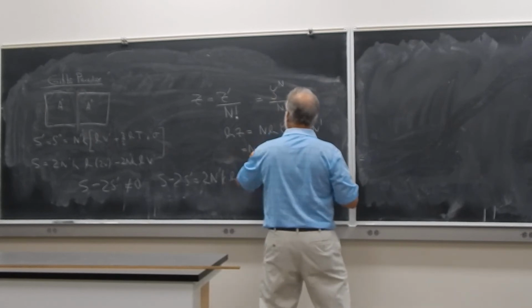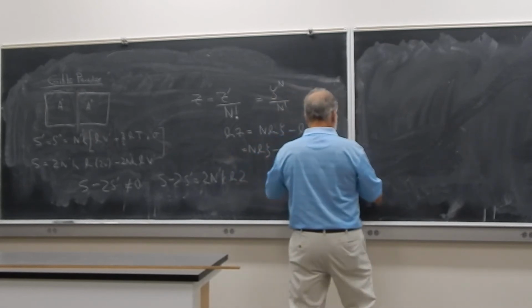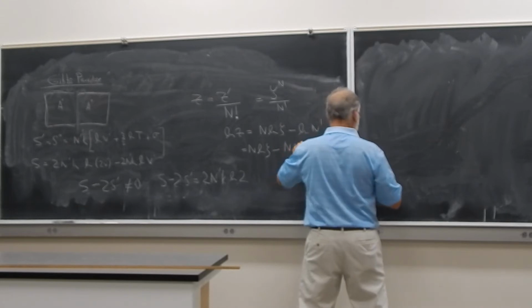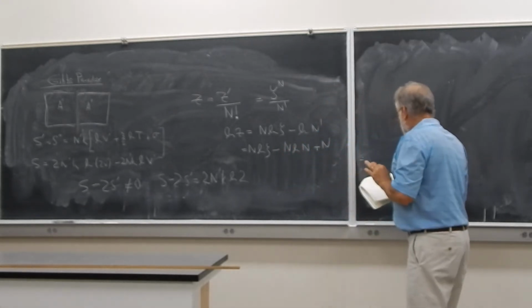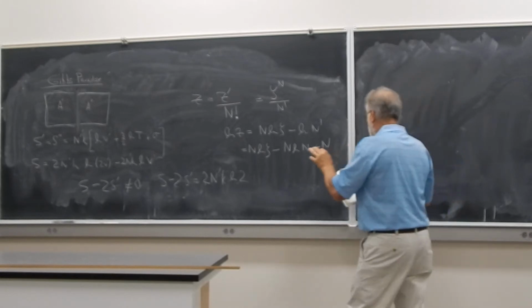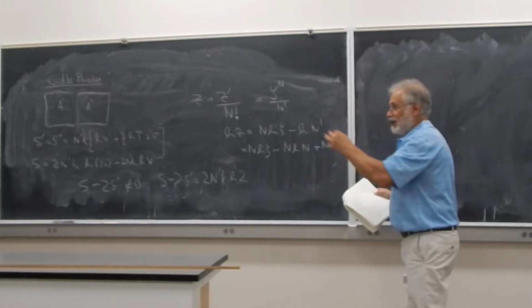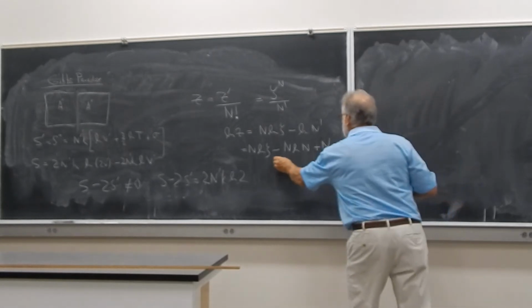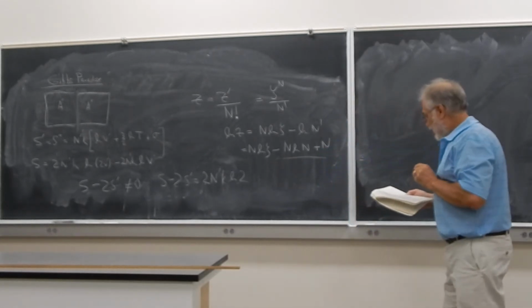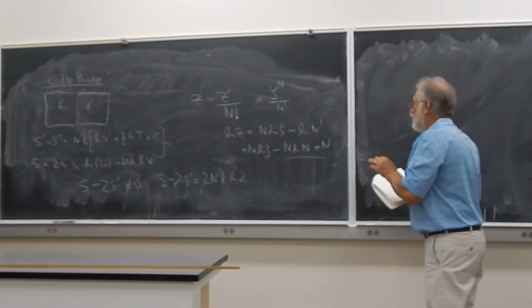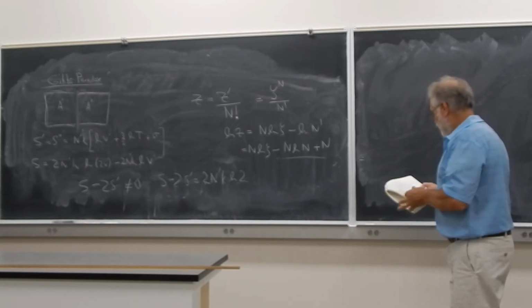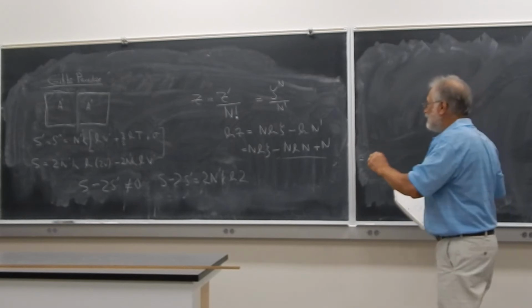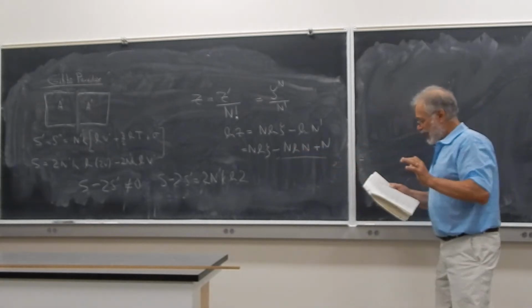So this is going to be N log zeta minus N log N plus N. Now notice the N log zeta term differs from the earlier term by these two terms, N log N and N. Now, since pressure and energy depend only on derivatives of log Z, they're not going to be affected by this at all, so it doesn't matter.